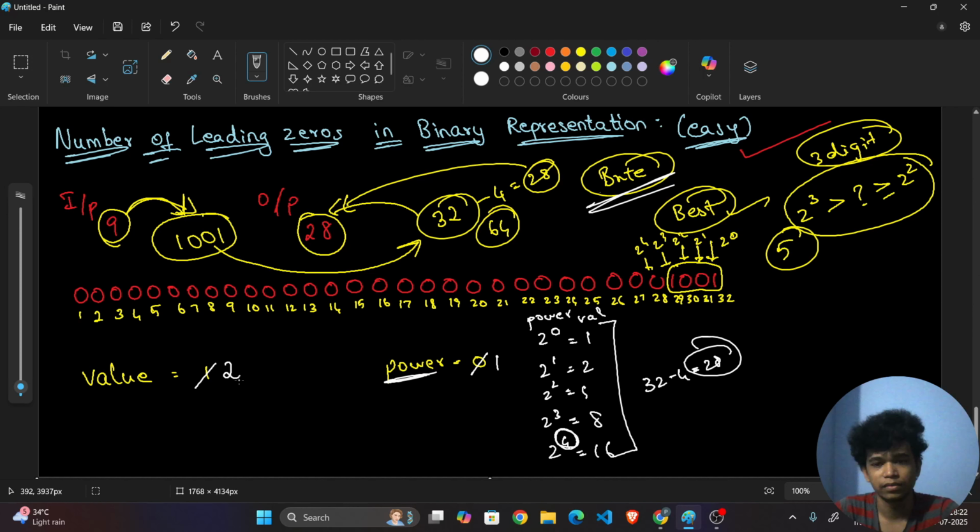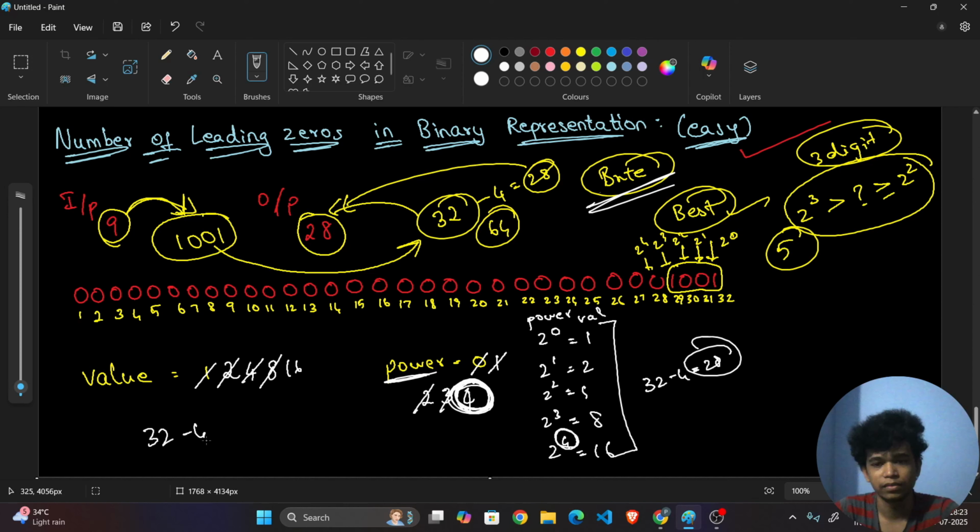Now check whether 2 is greater than 9. No. So make this 4 and this 2. Is 4 greater than 9? No. Make this 8 and this 3. Is 8 greater than 9? No. Make this 16 and this 4. Is 16 greater than 9? Yes. Then stop here. What is the binary length? It will be 4.